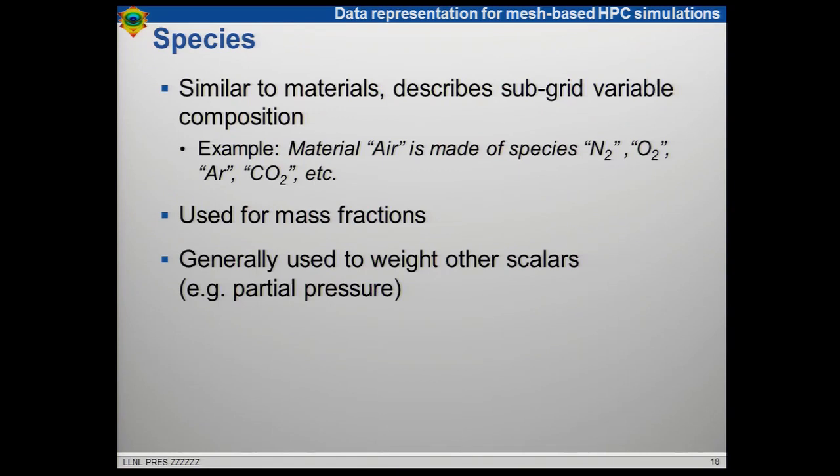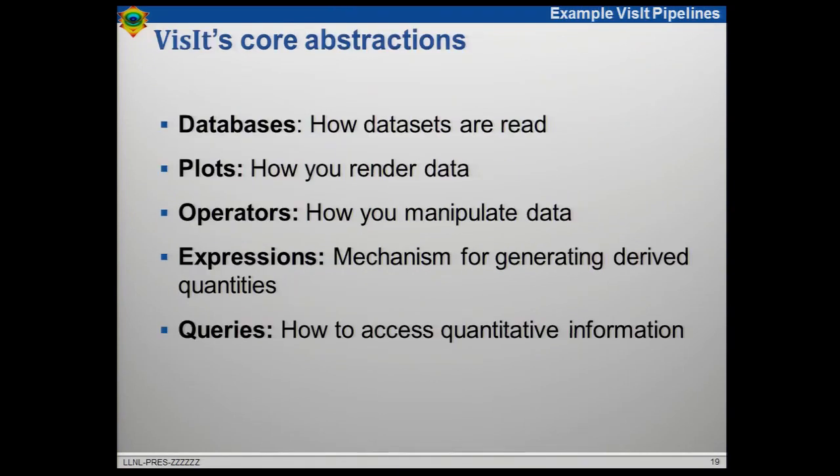cell value. So the abstractions are the following in VisIt: the databases, the plots, the operators, the expressions. There's a very simple case. Somebody asked me this morning before we started: I read my data, I have velocity data in my file, but VisIt doesn't see the velocity field. Why not?